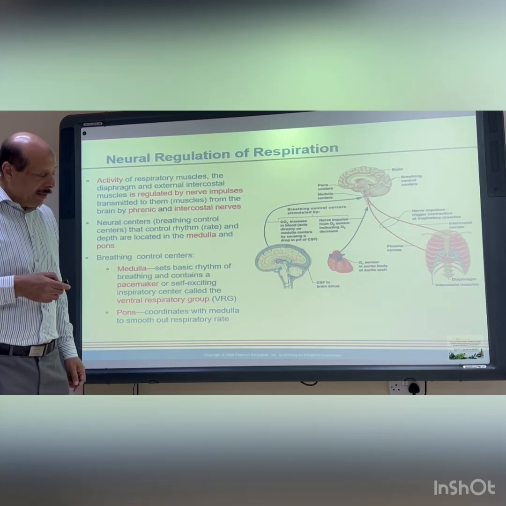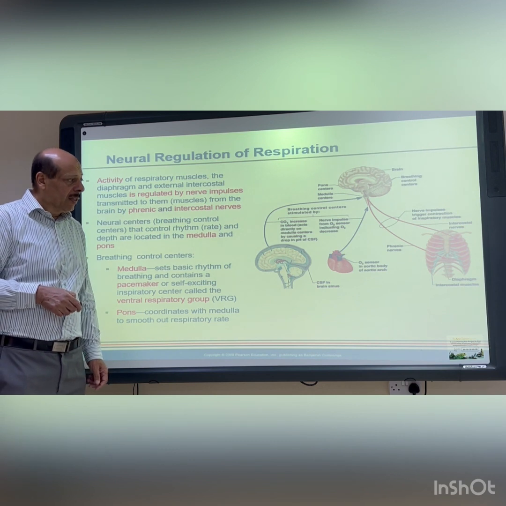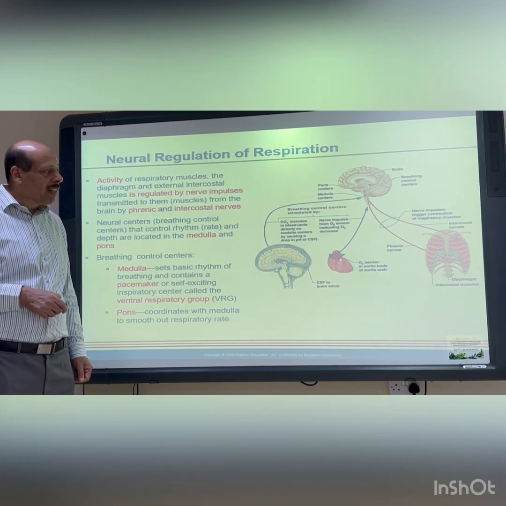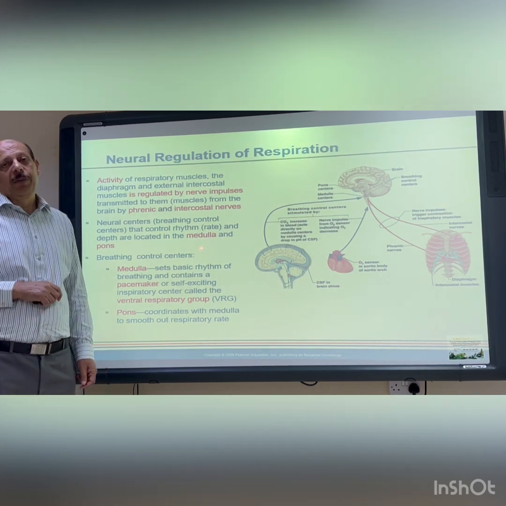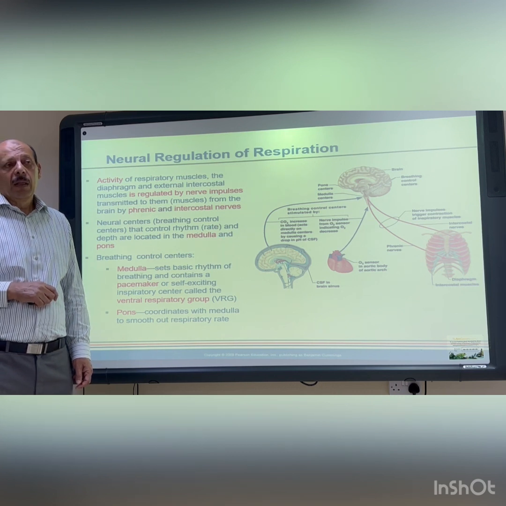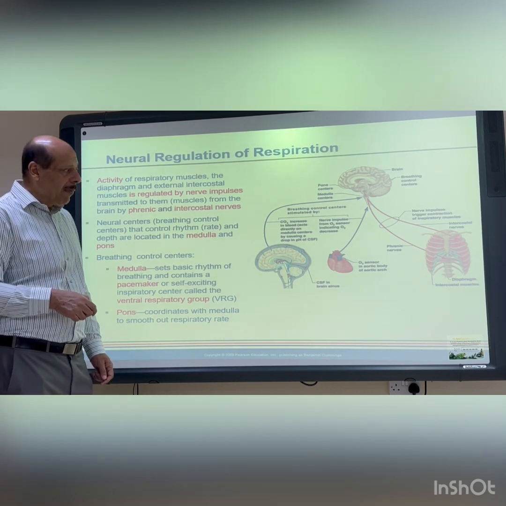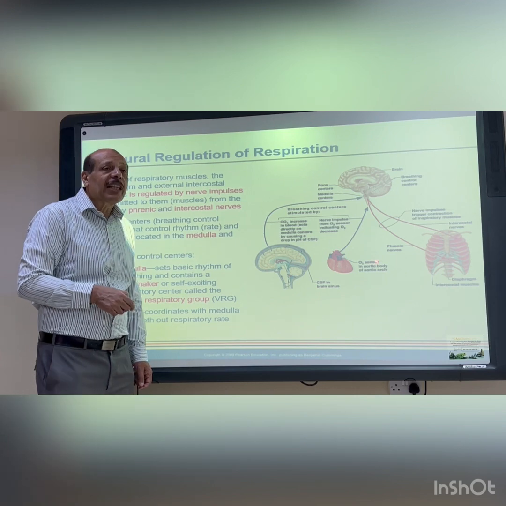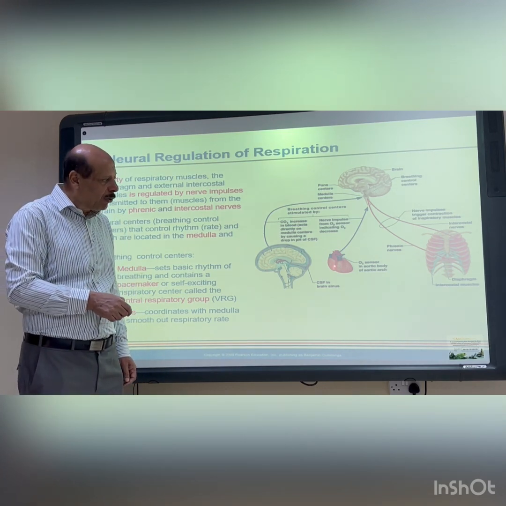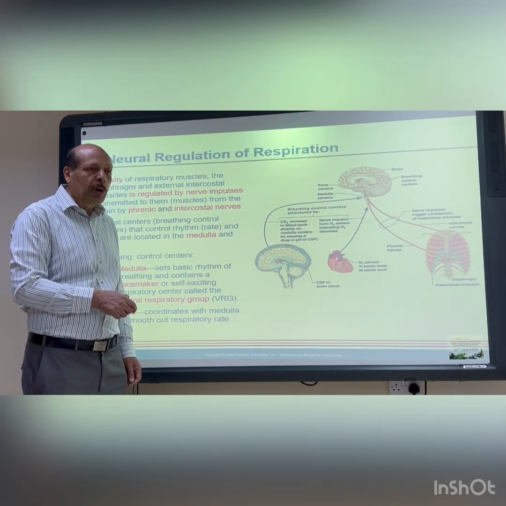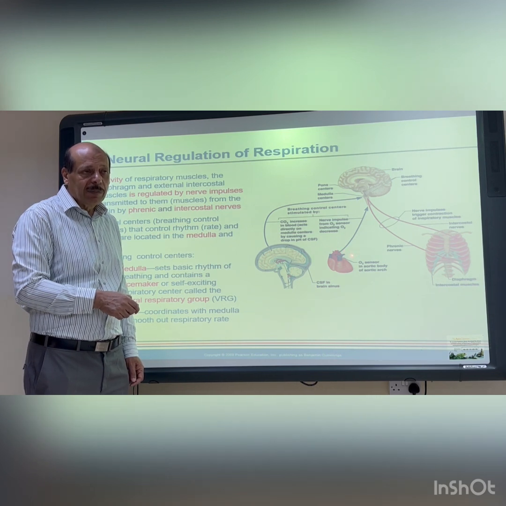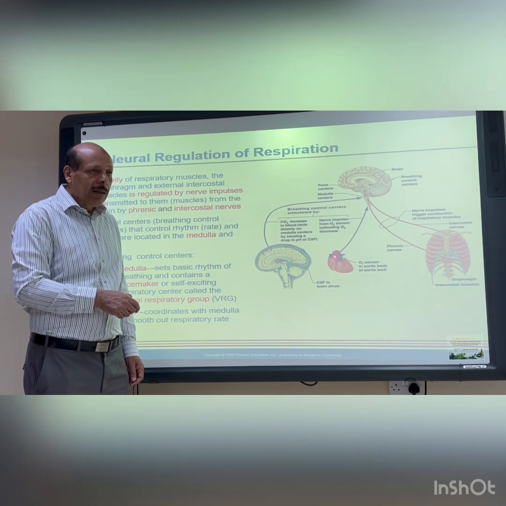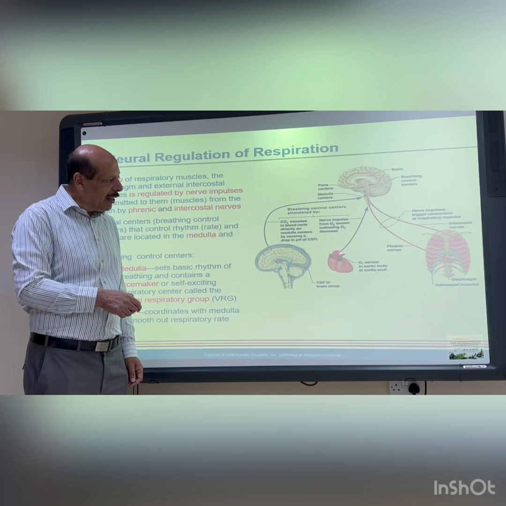There are two sensors. One sensor is in the arch of the aorta. When the oxygenated blood comes out of the heart, it goes through the ascending aorta, then the arch of the aorta.